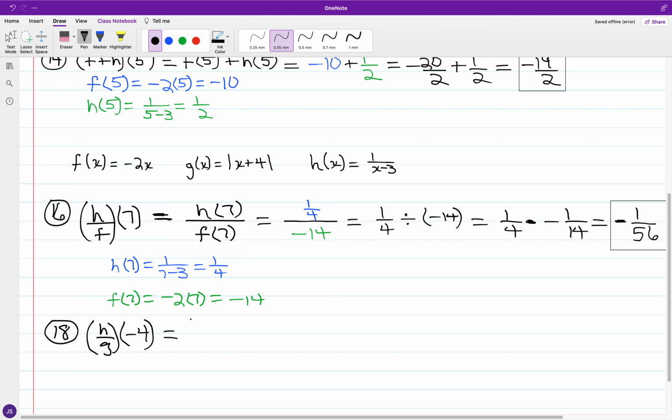This comes down to h of negative 4 over g of negative 4. Then we have with the numbers, for h of negative 4, just 1 over negative 4 minus 3. So you have 1 over negative 7, or negative 1/7.